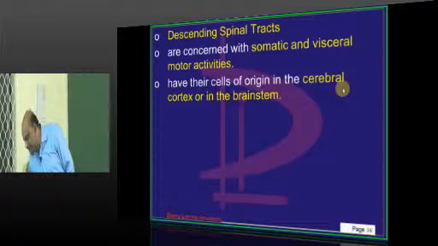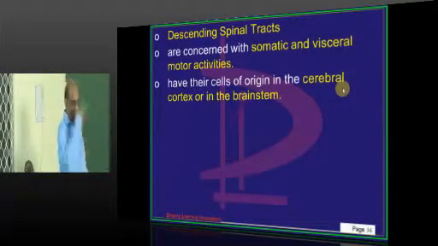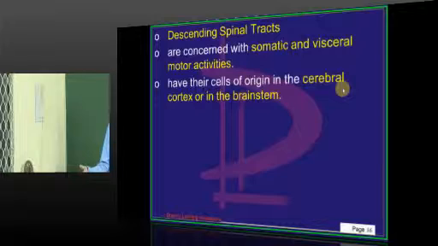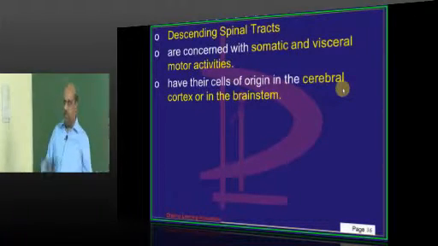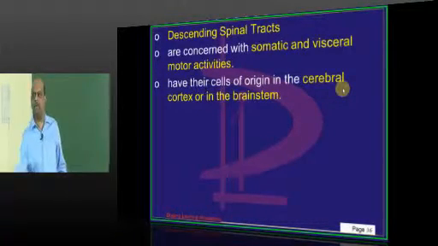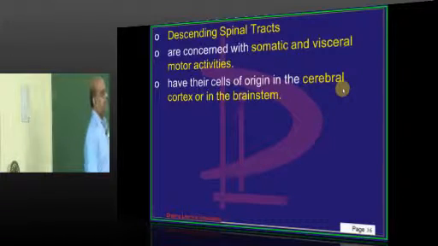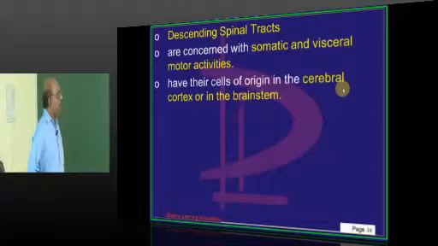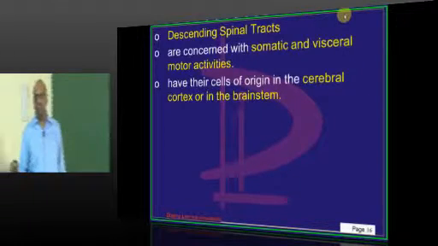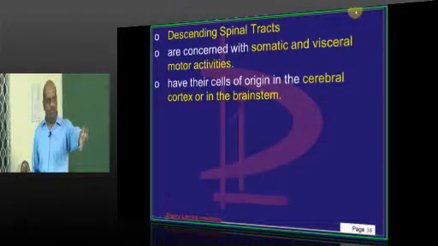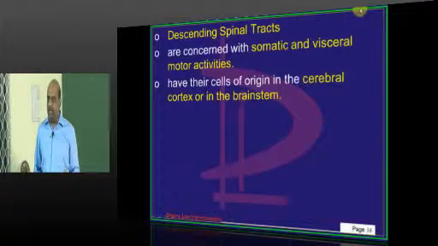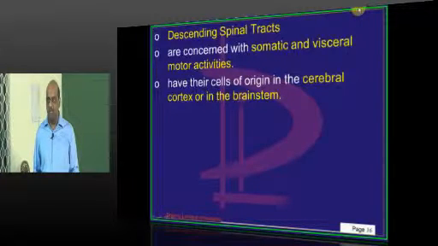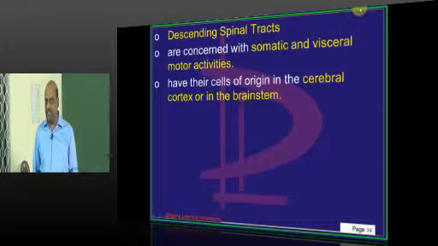Let's talk about the descending tracts coming from the brain, commanding the anterocorticospinal, pyramidal, extrapyramidal. Quickly, 2-3 comments about each of them. We will go to the quiz round after this. Basically, we have somatic motor activity in our muscles, visceral motor activity in our viscera.